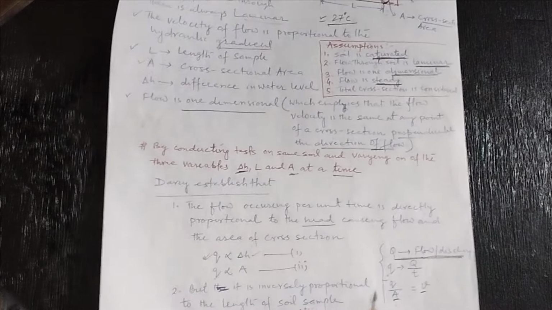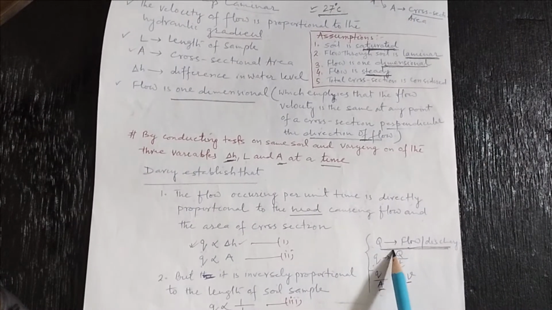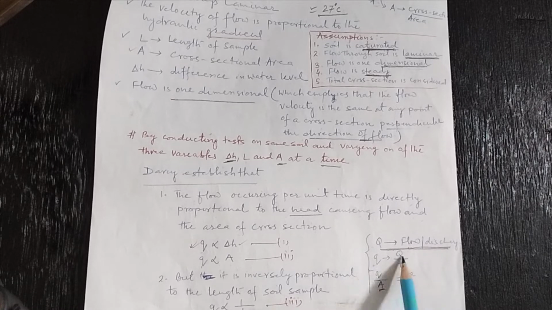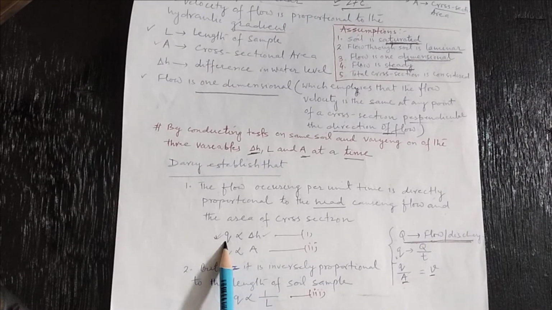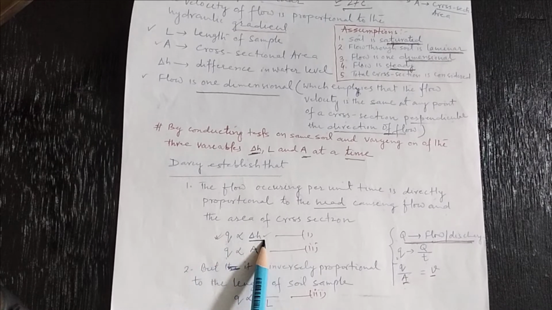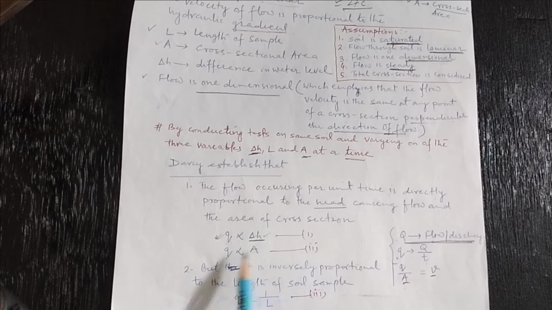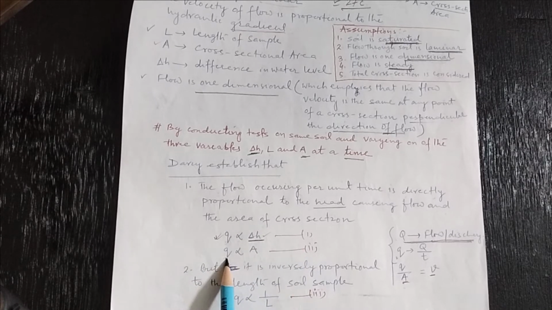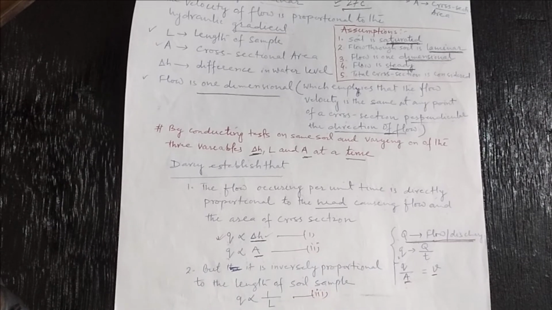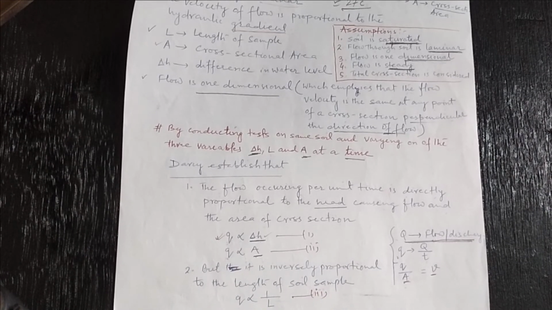This means if the total flow is Q, discharge, then flow per unit time, small q, is Q by T. This q is directly proportional to delta H, that is H1 minus H2, and this q is directly proportional to the area of the soil sample.